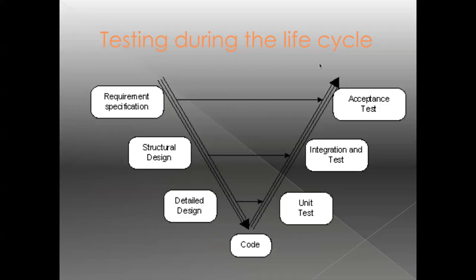The testing during the life cycle: requirement specification, structural design. These are phases. At the beginning, after the system analysis, specifications are given. Now the first step, requirement specification. After this, both the software company and the requiring company check whether this system is accepted or not.